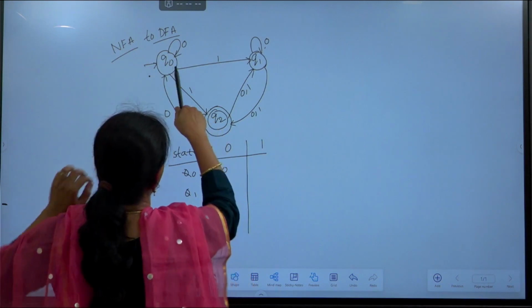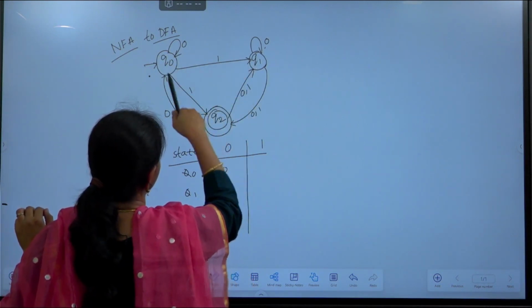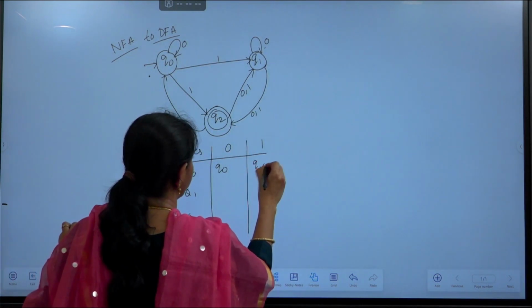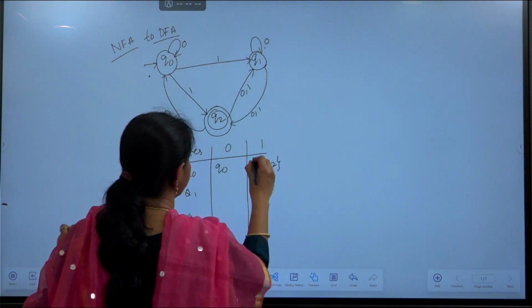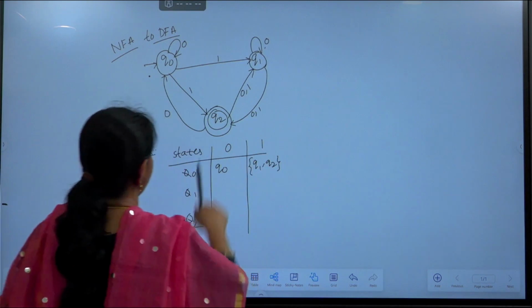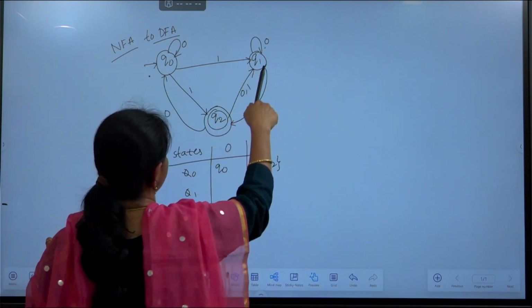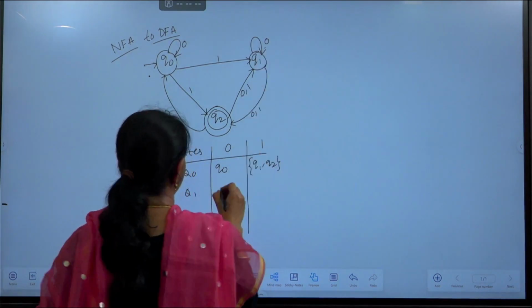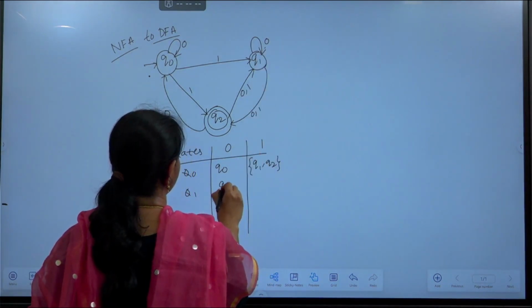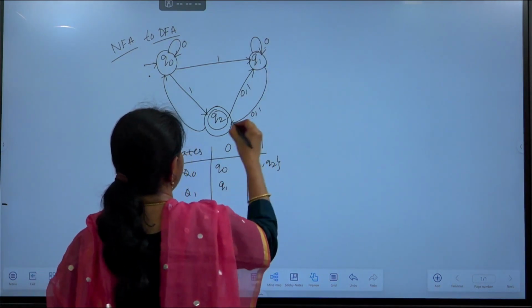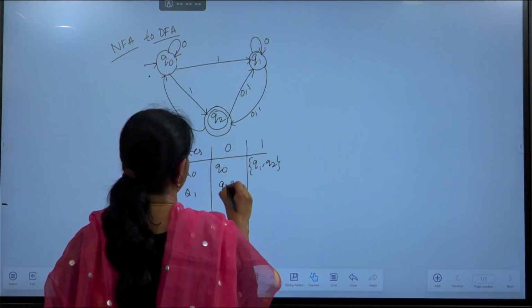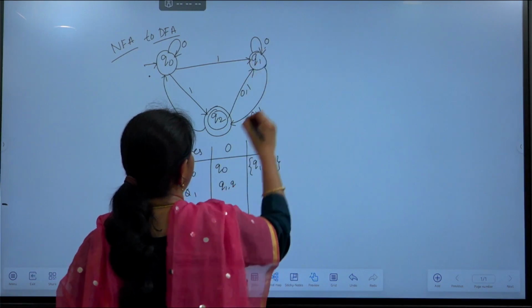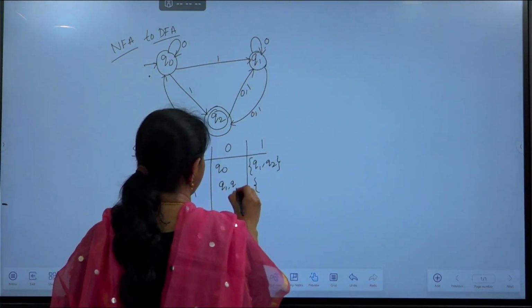Q0 on input alphabet 1 has two transitions, Q1 and Q2. On Q1, on input alphabet 0, we have the same state Q1, and also one more transition up to Q2. And Q1 on input alphabet 1, the transition is to Q2.